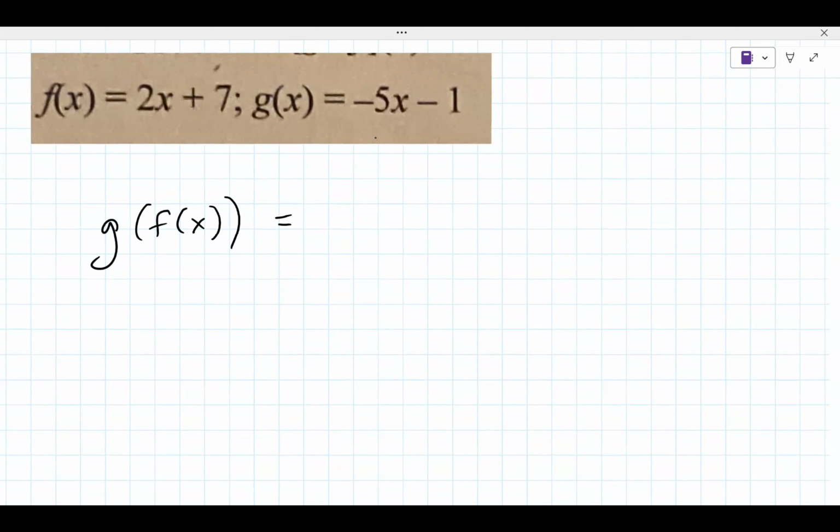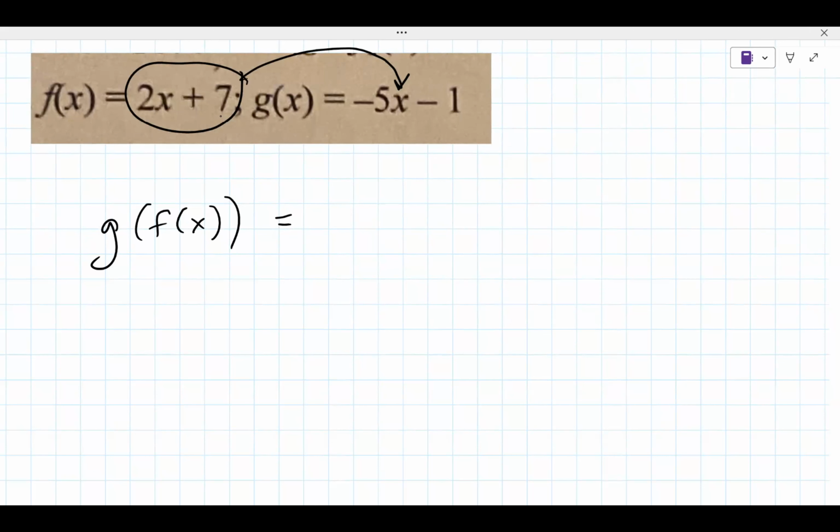So that means I'm inserting... the parentheses is going to be around 2x plus 7, correct? f of x is 2x plus 7. So it would be minus 5 parentheses 2x plus 7 minus 1. So this right here, 2x plus 7, is going in for that x right there. Yeah, that's what I meant.